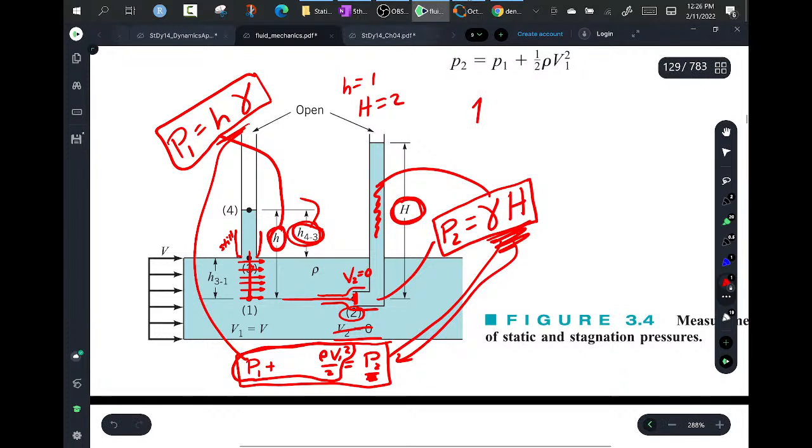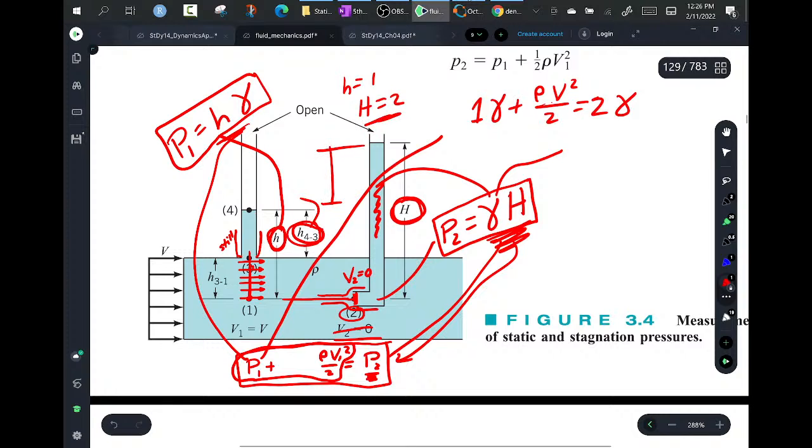Well, I could put on the left side for P1, 1 times gamma plus rho v squared over 2 is equal to, take that one, 2 times gamma, because it's a little higher. So this happens to be 1. So you can move that across, rho v squared over 2 is equal to, move this across, you get this gamma.